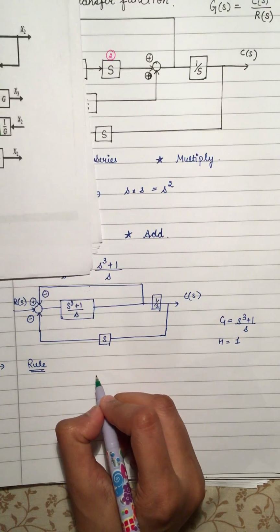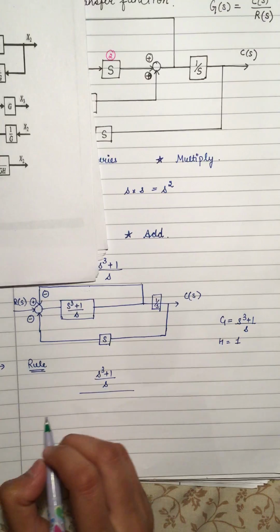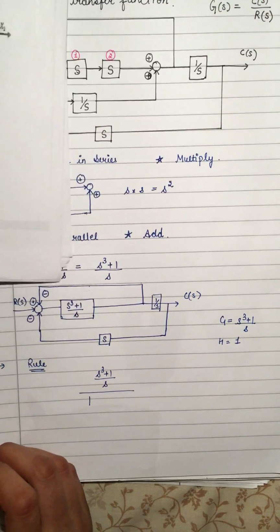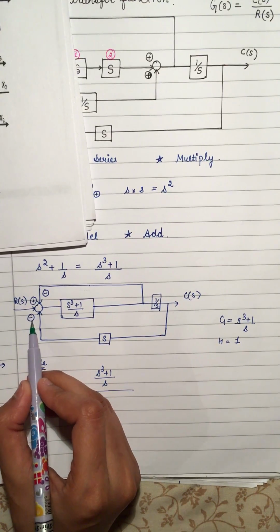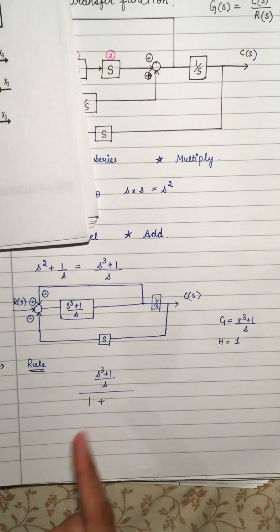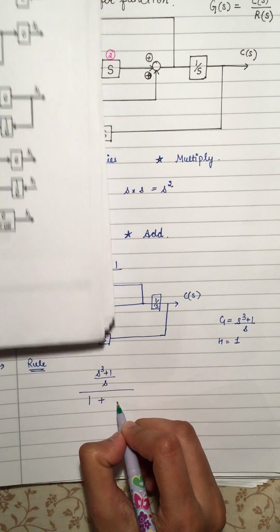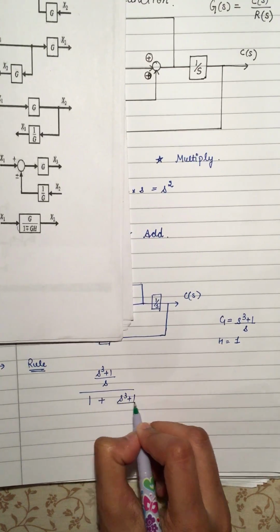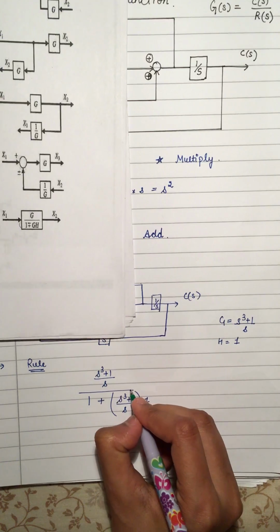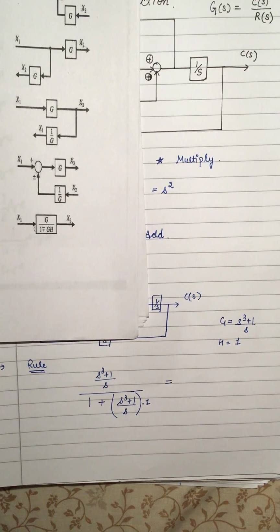The formula is G, that is s cube plus 1 by s, divided by 1 plus or minus. Now our loop is negative, it's going negative feedback loop, so we will take here positive. Remember this, when it's negative we take positive here. And then G again, s cube plus 1 divided by s, multiplied by H. H is our 1.